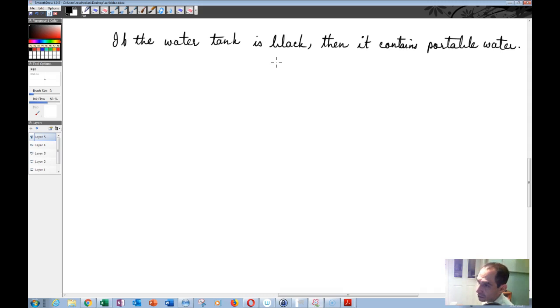That's how it is in India. Anyway, this statement is of the form P implies Q. P is called your hypothesis, and Q is called your conclusion.